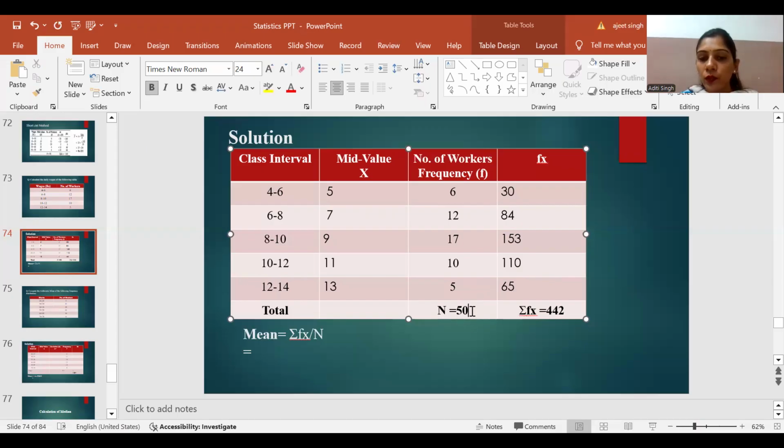So this is how we calculate n and sigma fx.